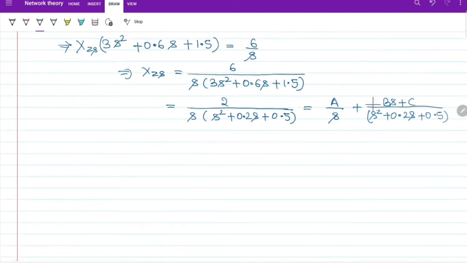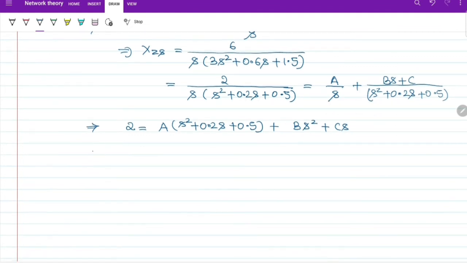Now to find the values of a, b, c, first we will write 2 is equal to a into s square plus 0.2s plus 0.5, plus b s square plus c s. We took the LCM and this denominator is same, so it will get cancelled out.